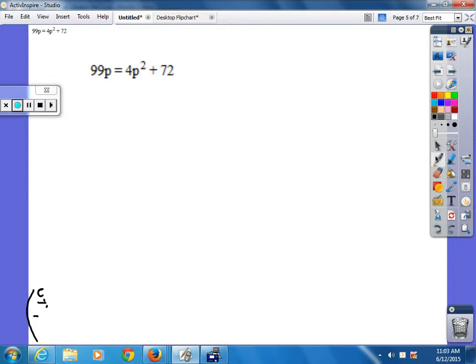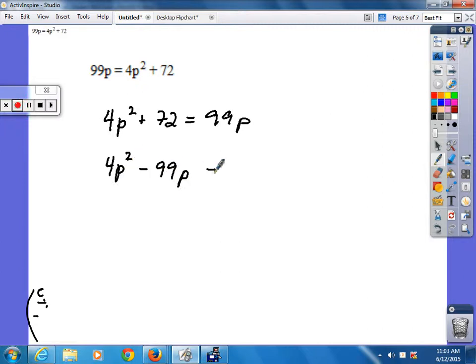And that's what you do when you get to a problem and you don't feel good about it: do it over. 4p squared plus 72 is equal to 99p. 4p squared minus 99p is equal to negative 72. 4p squared minus 99p plus 1, negative 72 plus 1.